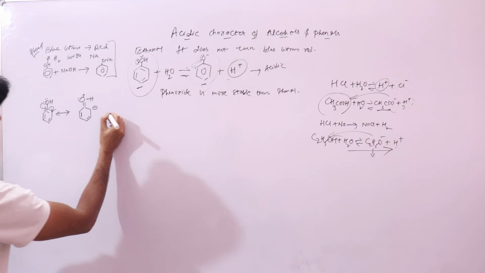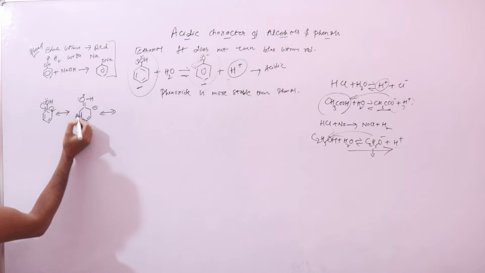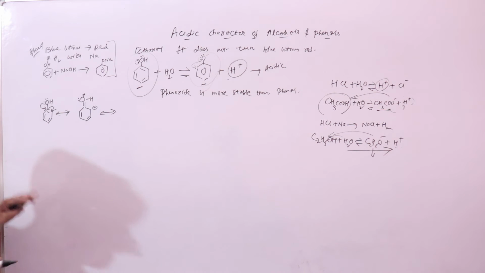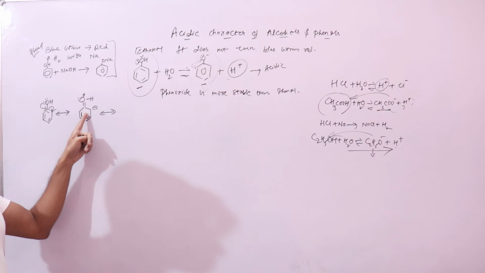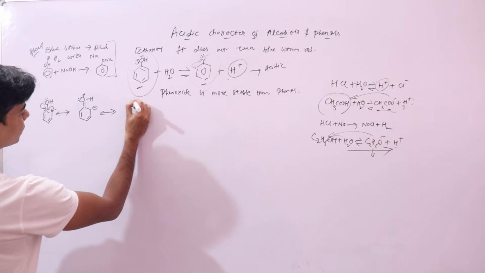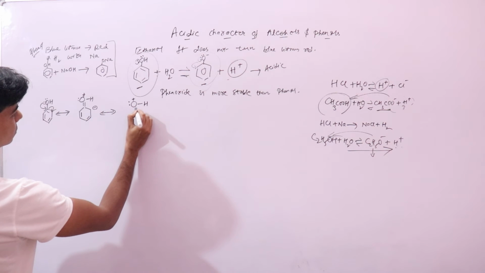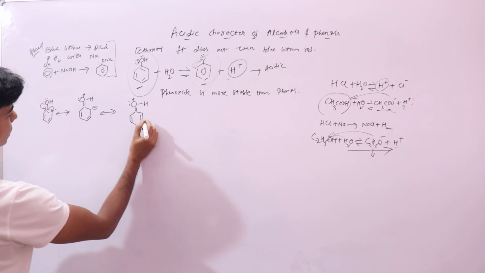So since it enters into conjugation with the benzene ring, you now have a positive charge on this oxygen atom, right? The other lone pair enters into conjugation with the benzene ring. It enters into the benzene ring basically, right? So here you have this.